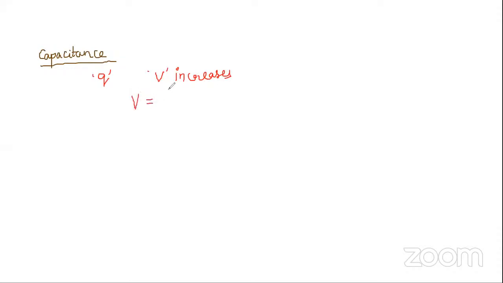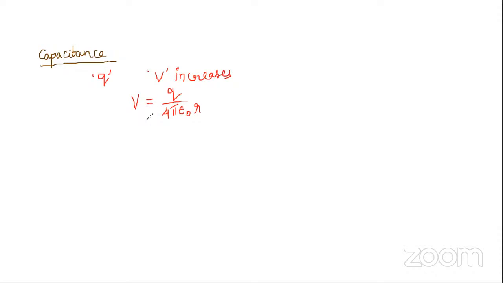This is V equal to Q divided by 4 pi epsilon naught R, where R is the distance between the charge and the point at which the electrostatic potential is calculated. Considering 4 pi epsilon naught and R as constant, whenever you supply charge to a conductor, its potential increases.